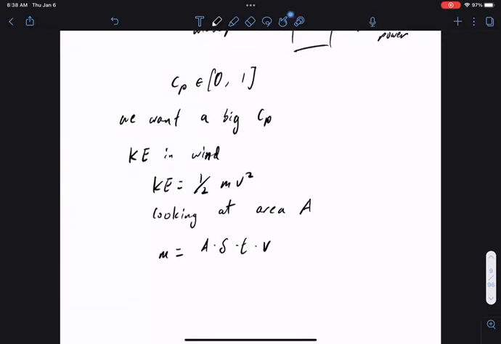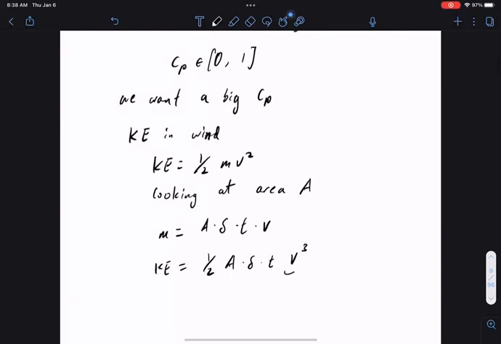Put all this together and we have kinetic energy as half times the area times density times time times V cubed. The big thing is this is a cubic relationship.